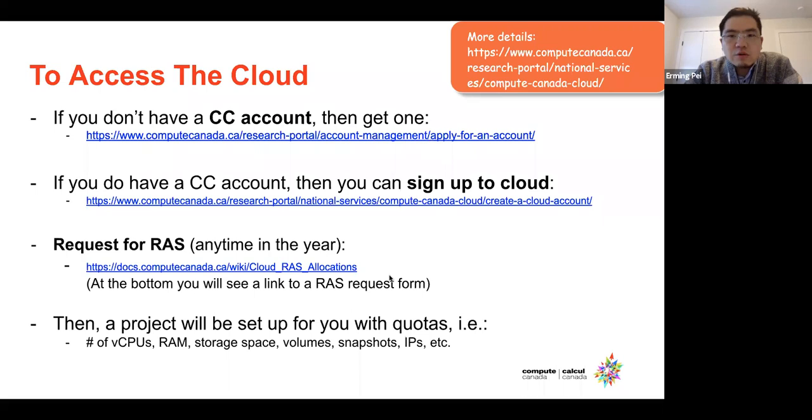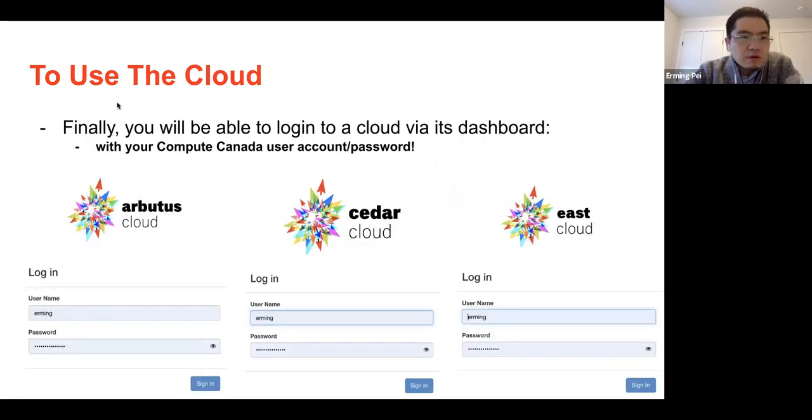Next, I will show you how to send emails to us or how to get the support. By the way, once you get your account and the project set up, you can access them using your Canada user account and password.